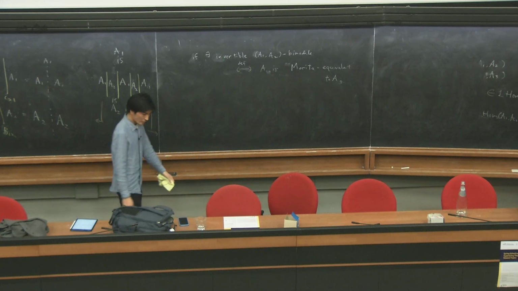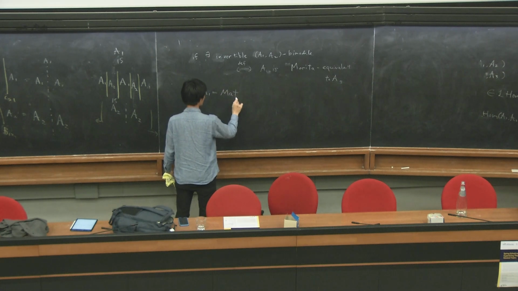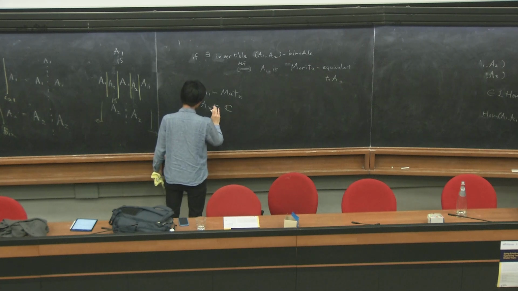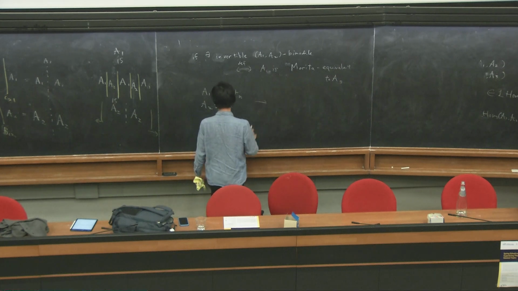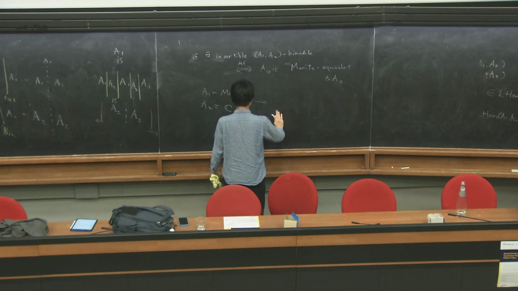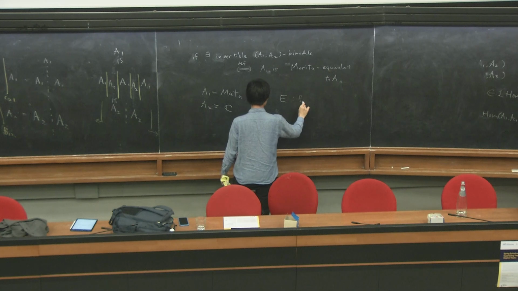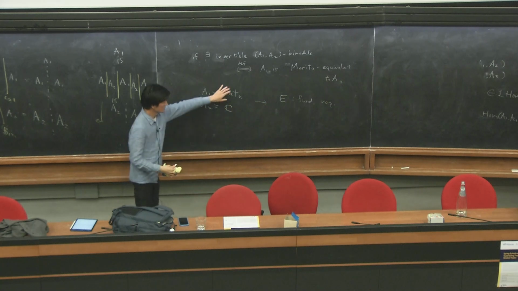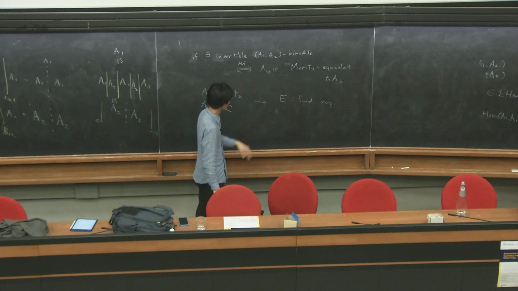So what is an example of Morita equivalence? Let's take A1 to be some matrix algebra, and A2 to be the trivial algebra. Then E, that's the fundamental representation of this matrix algebra, just a column vector.